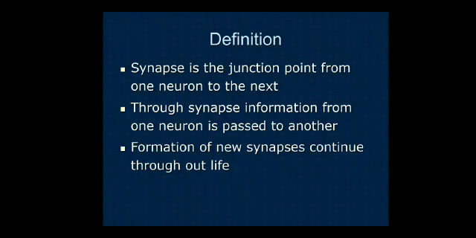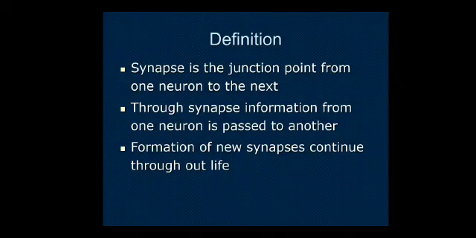So synapse is the junction point from one neuron to the next. So it's a connection, okay? The connection between the two neurons is called the synapse. That means the main function of the central nervous system is the conduction of impulse.